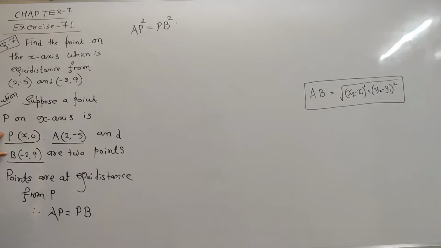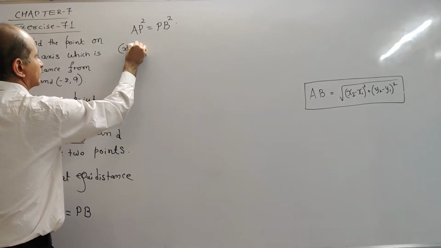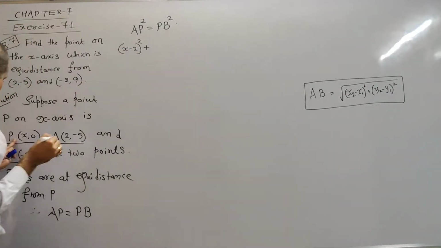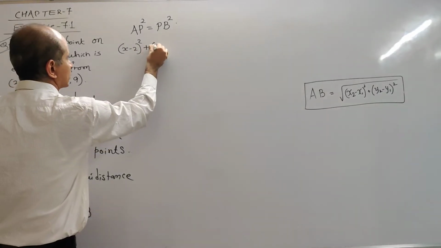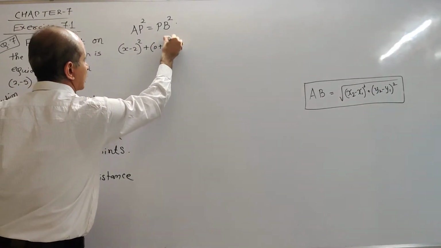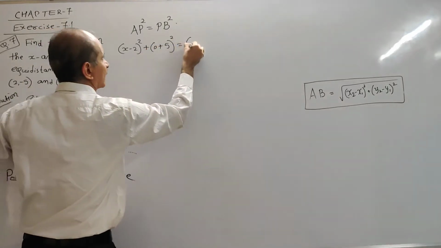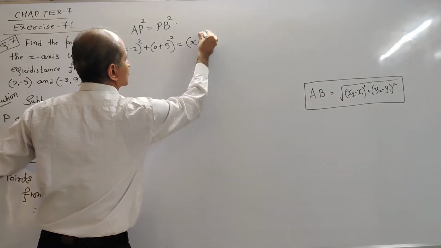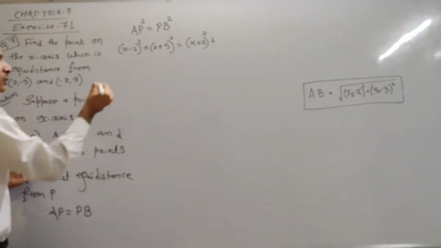So AP: (x minus 2) whole square plus (0 minus minus 5, that is 0 plus 5) whole square is equal to PB: (x minus minus 2, that is x plus 2) whole square plus (0 minus 9) whole square.